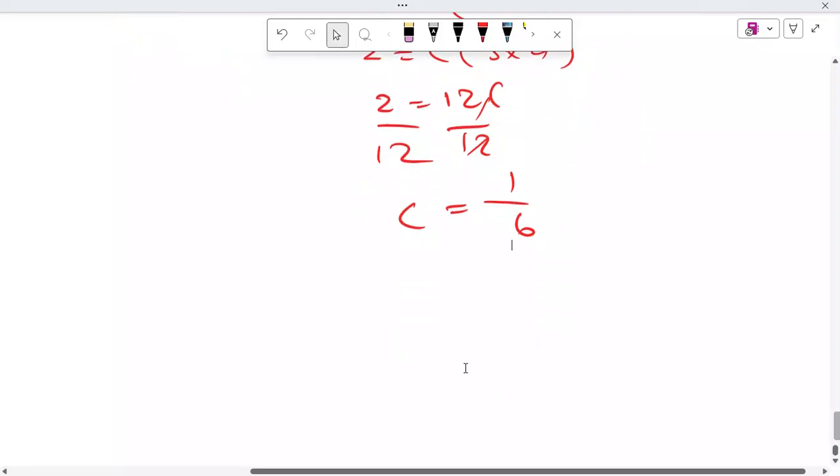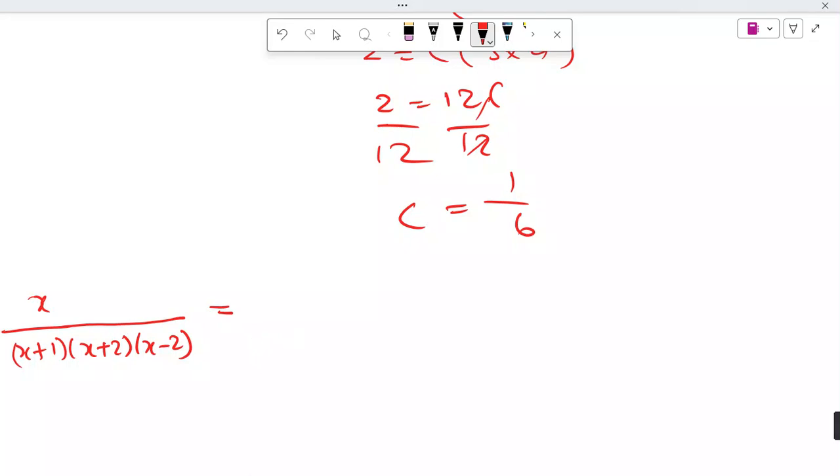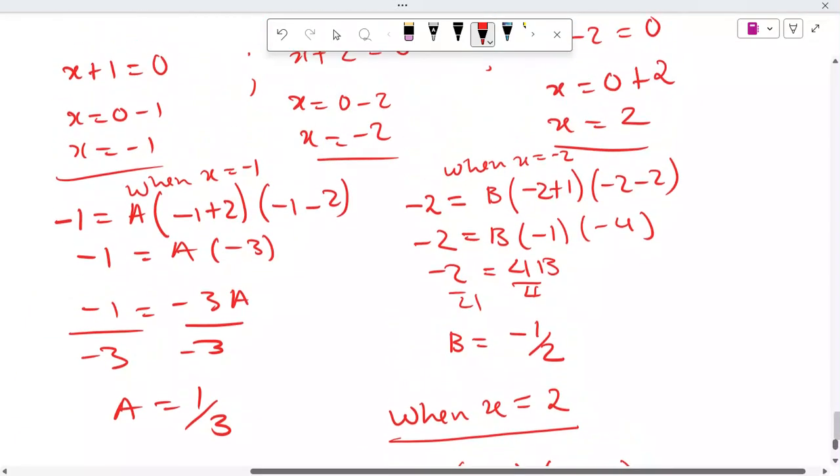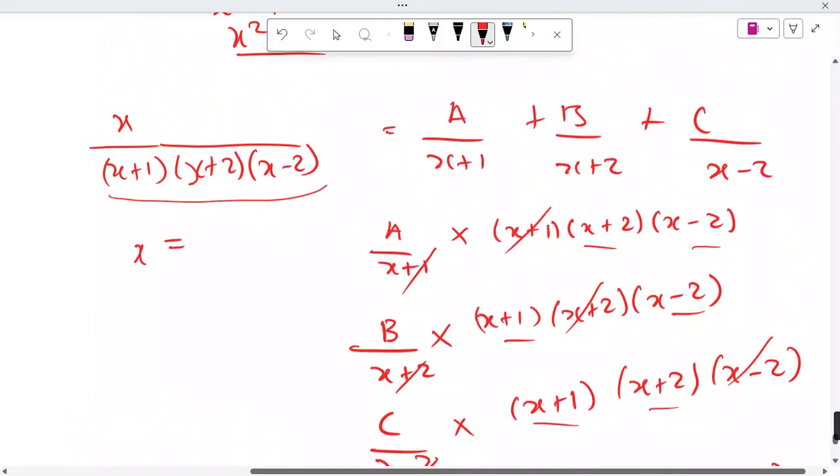Now we substitute. So x over x plus 1, x plus 2, x minus 2. So here, be careful to substitute accordingly. So each one, A, if it was over plus 2, you write it the way it was in the original equation. So A was divided by what here?